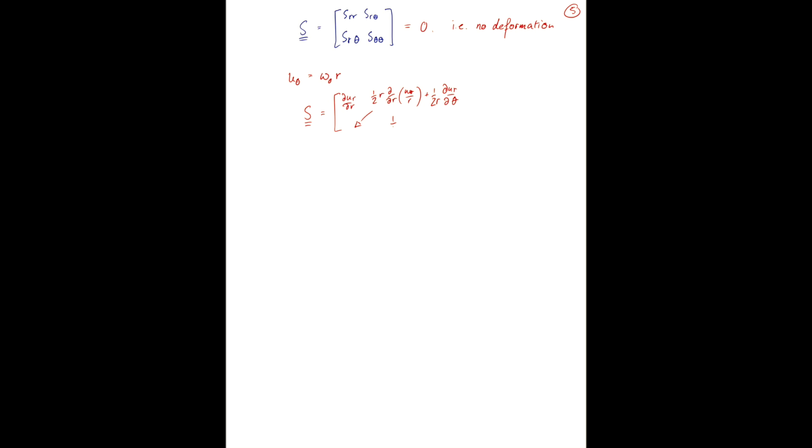And then down here we have 1 over r du theta d theta plus u r over r.